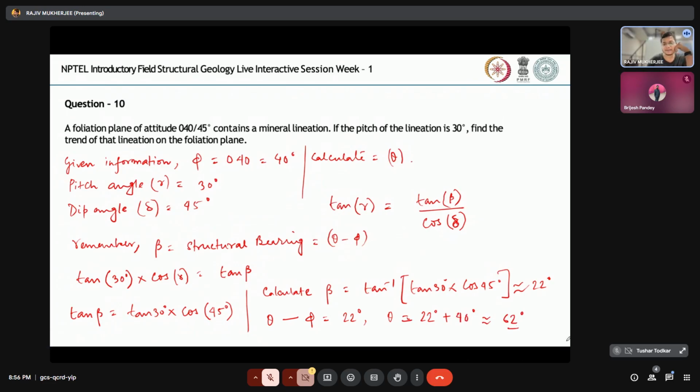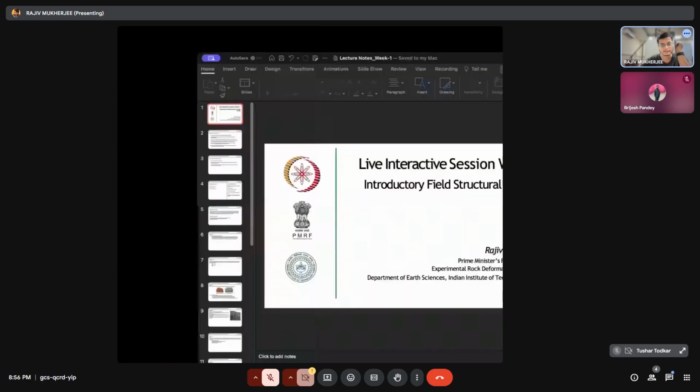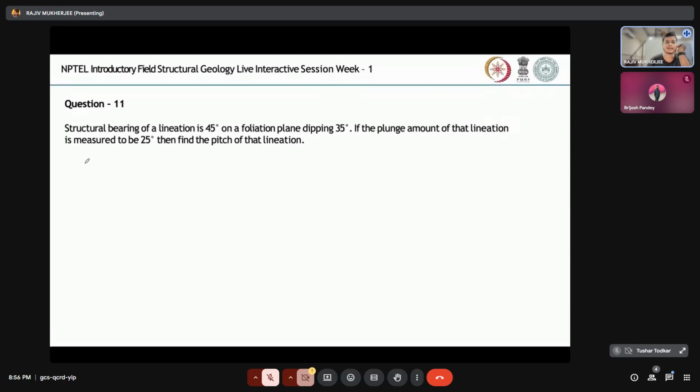Okay, so this is the trend of the foliation. Sorry, trend of the lineation on that particular foliation. And again, another type of combination that is been given here. So the structural bearing of a lineation is 45 degrees. So structural bearing means we are talking about the beta.